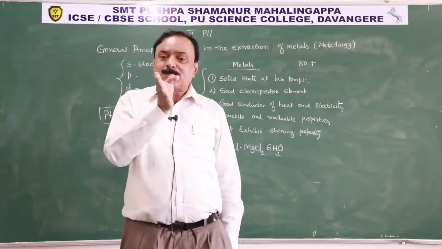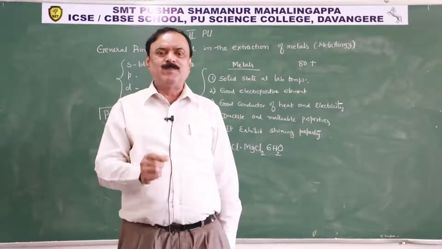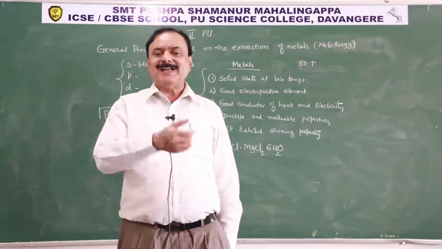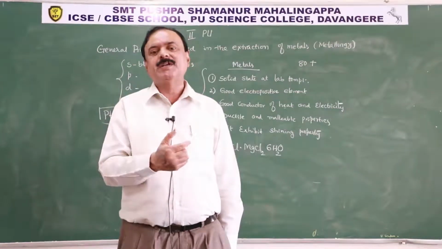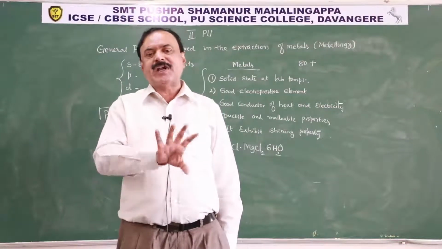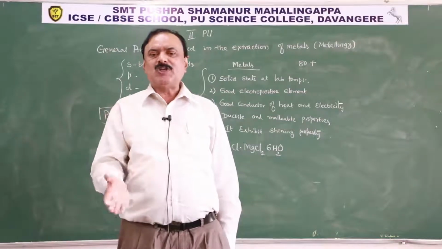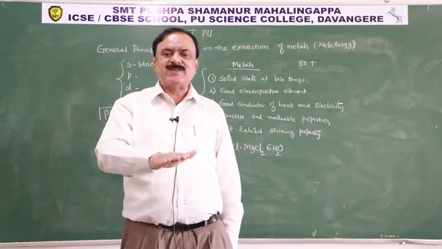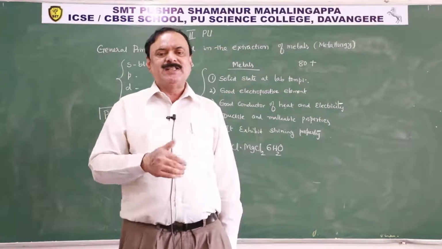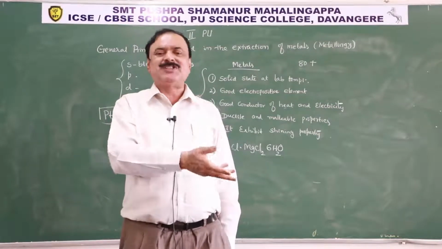And when you come across the d block elements, they are less electropositive compared to the s block elements, but they are more electropositive compared to the non-metals like p block elements. That is why they are called transition elements. Transition in the sense that the electropositive nature falls from s block to d block, and the electronegative nature rises from group 12 to group 13.